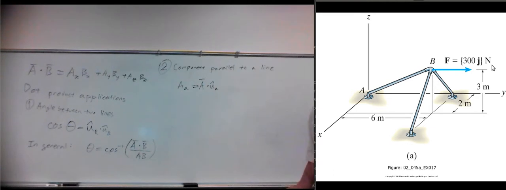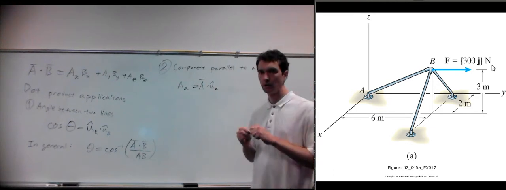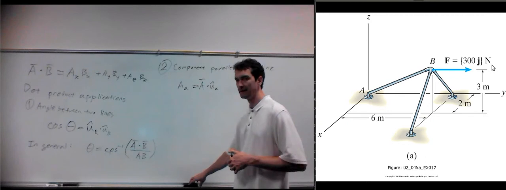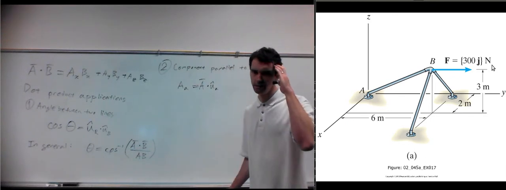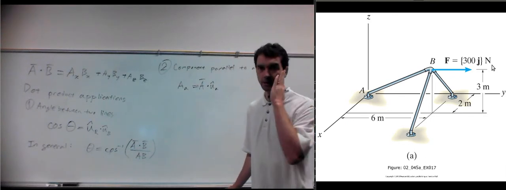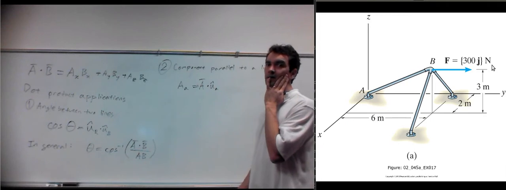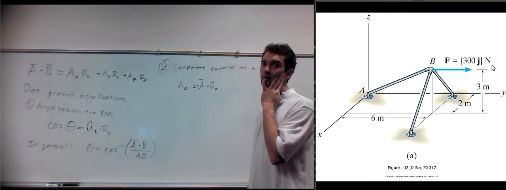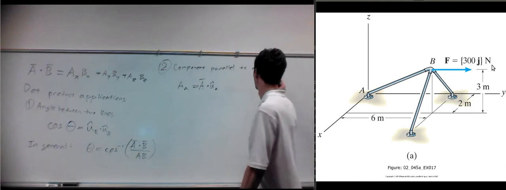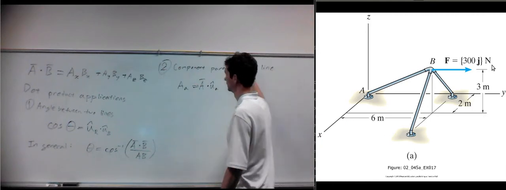So we've got a structure there, a little frame, points A and B, and we have a force acting on the end of it, and we want to find the components of that force parallel to member AB, and also the component that is perpendicular to AB.